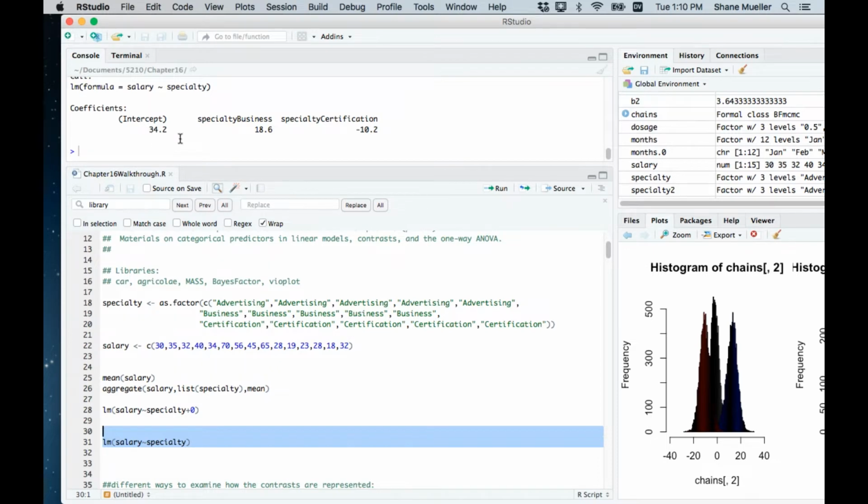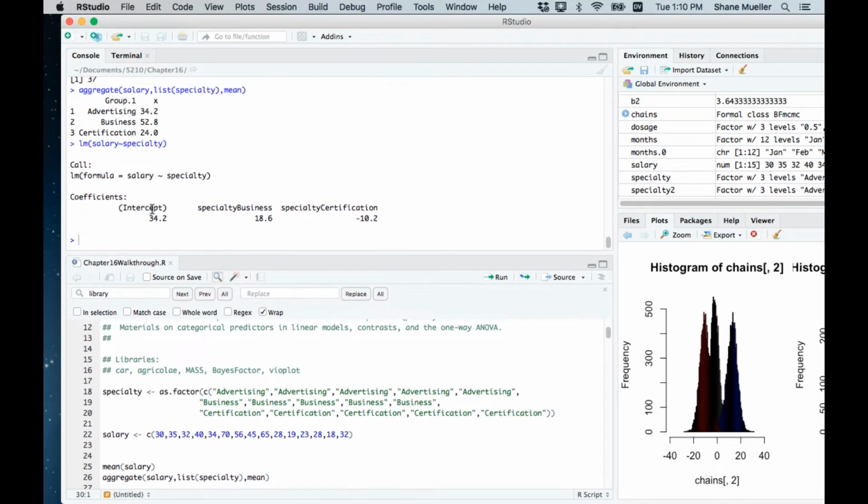The results are kind of strange now. We have an intercept, and then it's business and certification. We don't have advertising, but the mean for advertising is the same as the intercept, while the mean for business is not the same as the business coefficient. If you look closely, you'll see that 18.6 plus 34.2 is equal to 52.8.